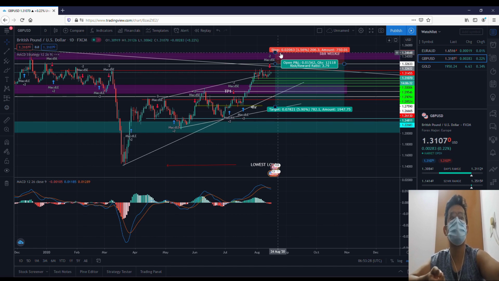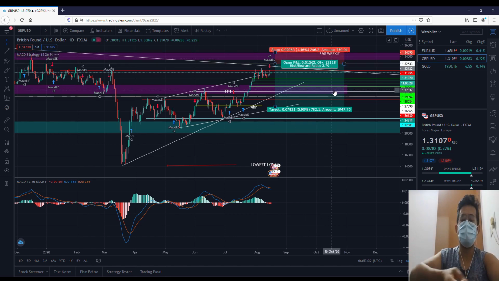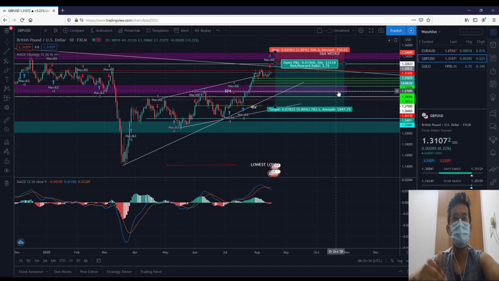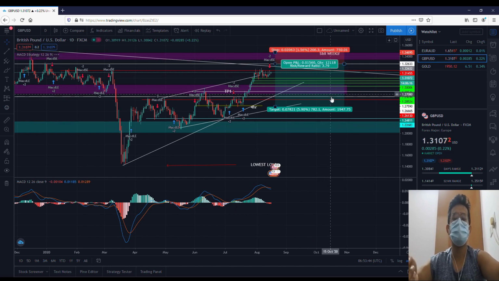First take profit is 500 pips, so it's 2 to 5, the ratio. I think it's a good trade, and take profit 2 at 590 pips would be a perfect moment to get out of the trade and wait for the market to react. So that's for today.